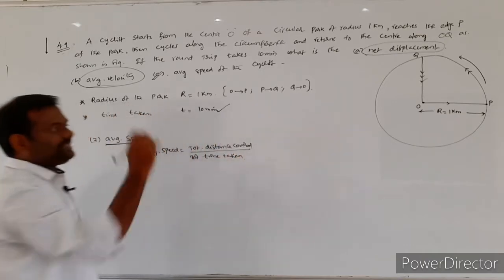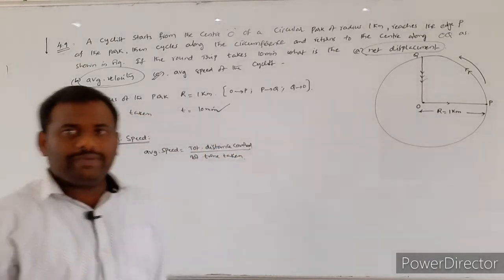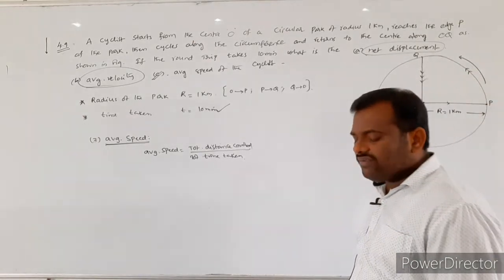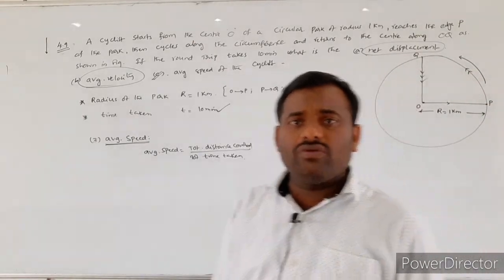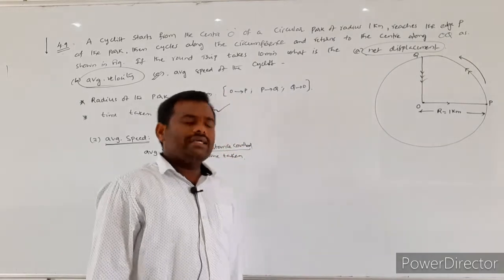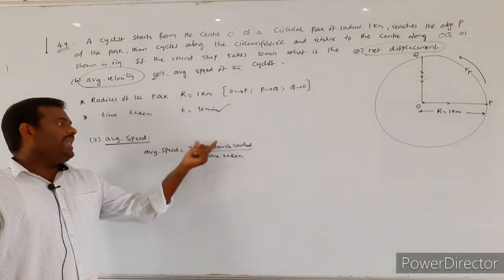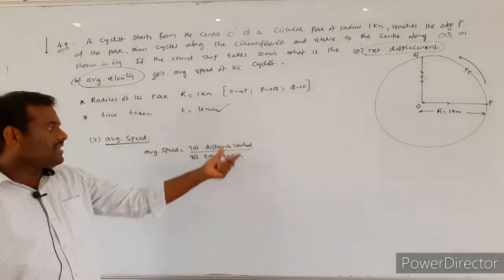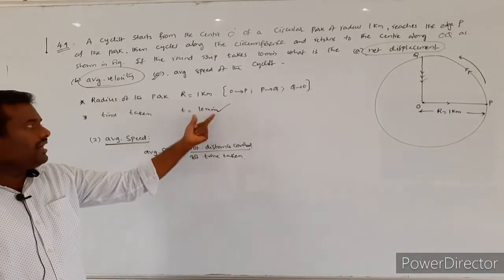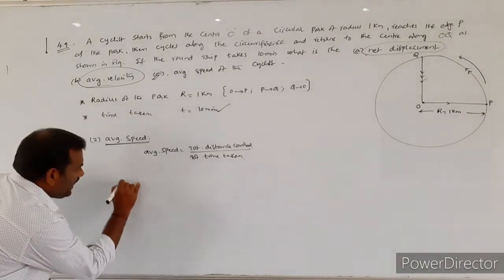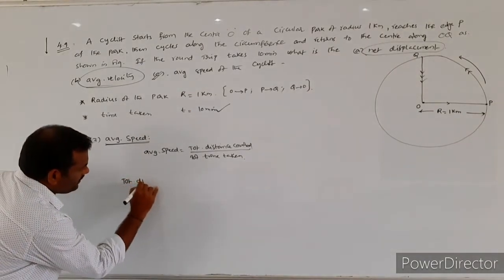Average speed is defined as the ratio of total distance covered by the moving object to the total time taken. To calculate the average speed, I need the total distance covered, because the total time is already given as 10 minutes. So I want to calculate the total distance value.